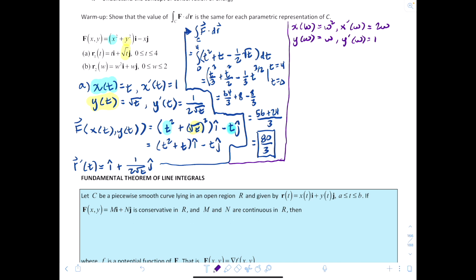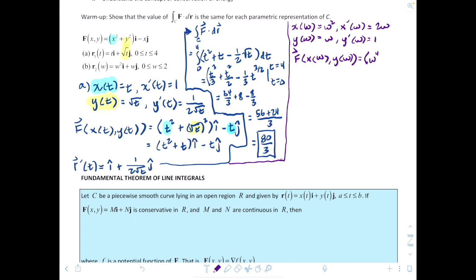So F, our vector field at x at w, y at w, will end up being equal to x squared plus y squared. I'm going to go a little faster this time.